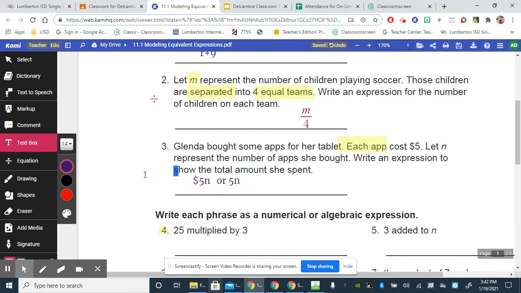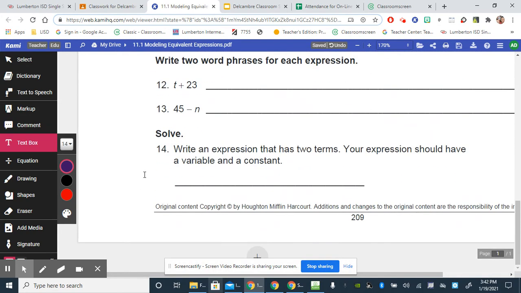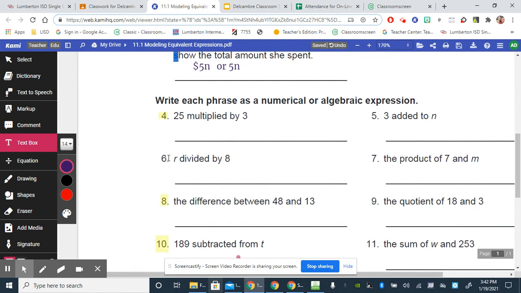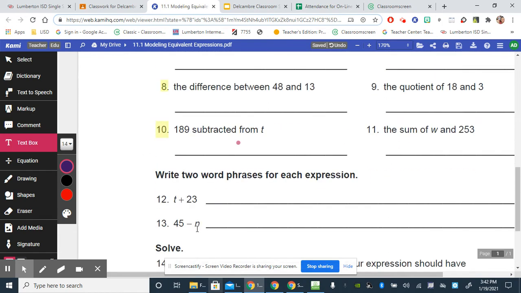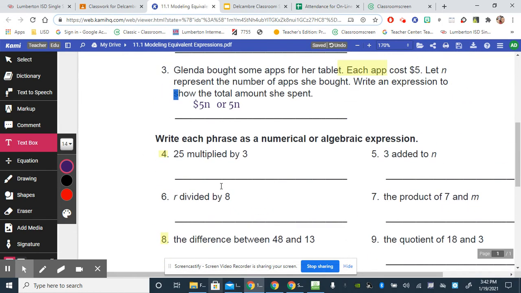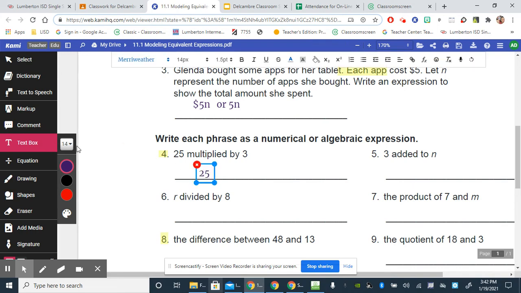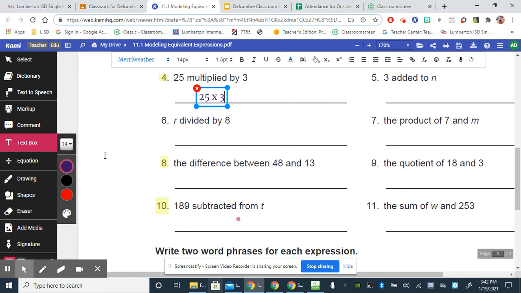Okay, so numbers 4 through 14, I think that we did 3 together as a class. So 25 multiplied by 3, you're just taking this in words and making it a math sentence. So that would look like 25 times 3. Okay? The difference between 48 and 13.